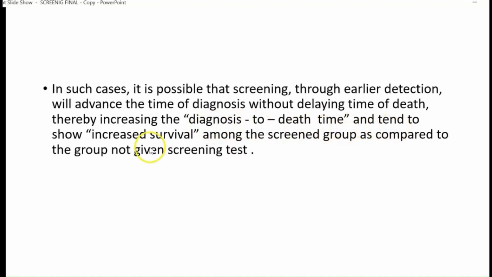But it tends to show increased survival among the screened group as compared to the group not given the screening test. So it may happen if there is no effect of treatment, or the successful outcome does not occur even after having the treatment.